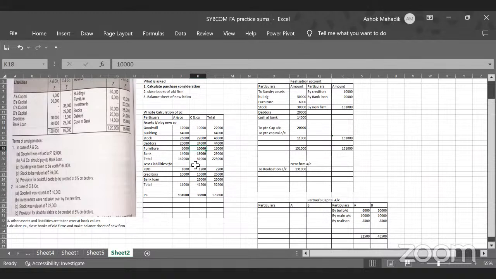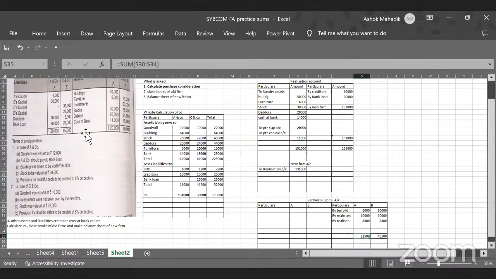Wait, building 50, 60. 30, 20, and taking cash at bank for 20,000. 11,000. Okay, 630. I am missing out some items. I'll check posting again. Capital 6,000, 30,000.